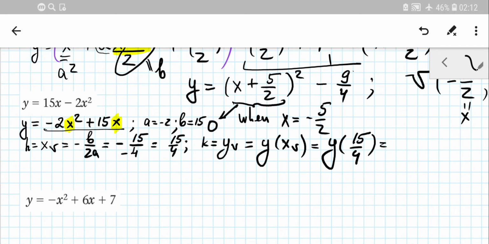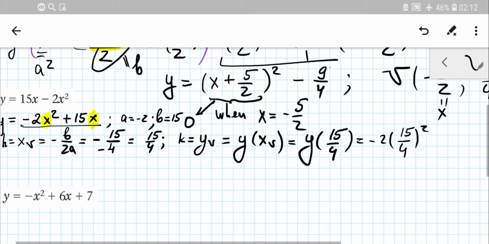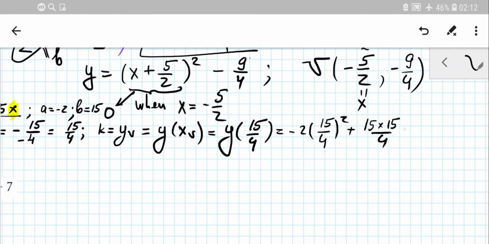So we've got negative 2 times x squared, which is 15 squared over 4 squared. And we also need to add 15 times 15/4. Okay, that's our y vertex. Let's calculate. 15 squared is 225.